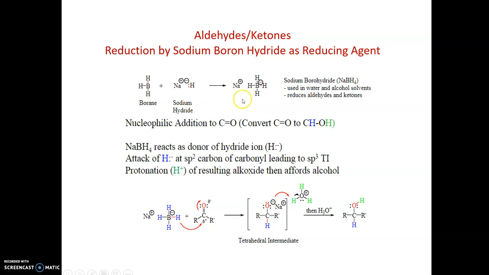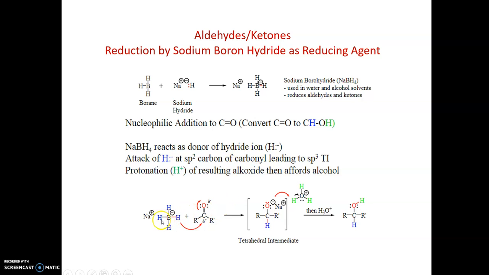It is an excellent reducing agent for aldehydes and ketones. Here there is a nucleophilic addition across the C=O double bond, and it gets converted into CHOH. Here sodium borohydride is a donor of hydride ions.